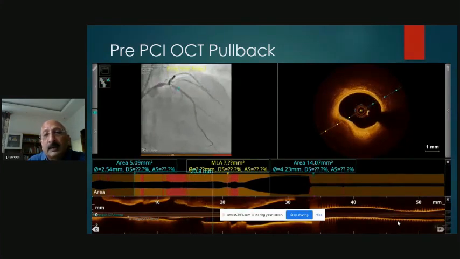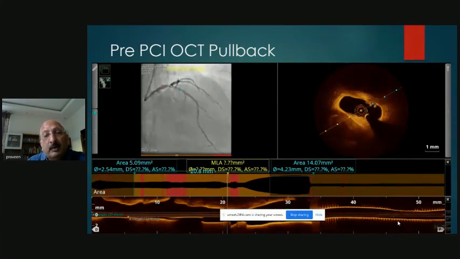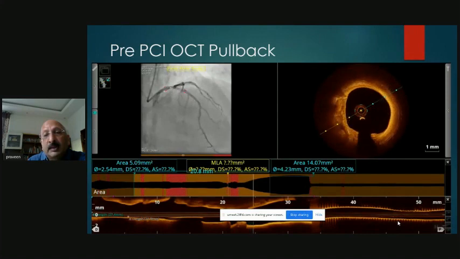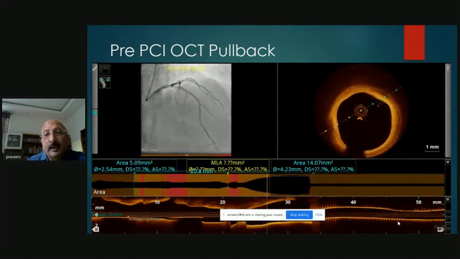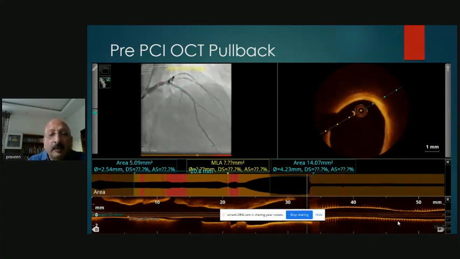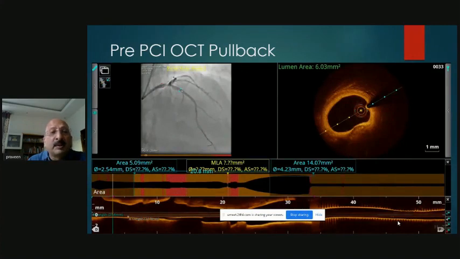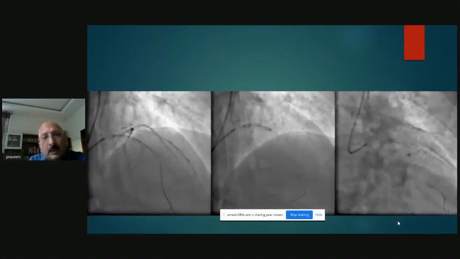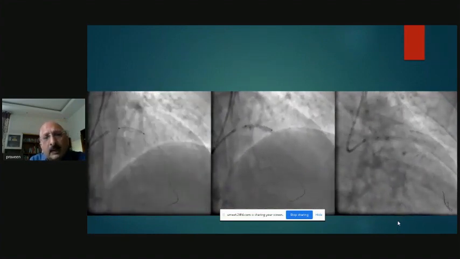You can see that the proximal LAD looks reasonable, but the ostium is very tight, and the lesion is extending into the distal left main. And this is the proximal part of the left main. So now it is very clear what we are going to do, whether doing this procedure is a reasonable idea or not. So doing this imaging was quite helpful.